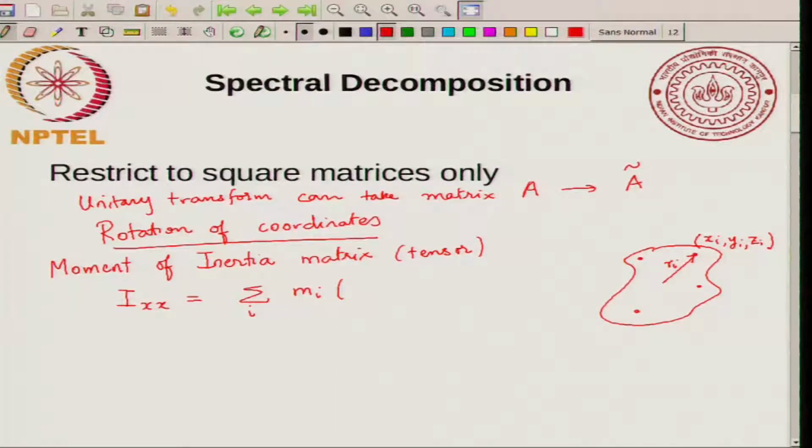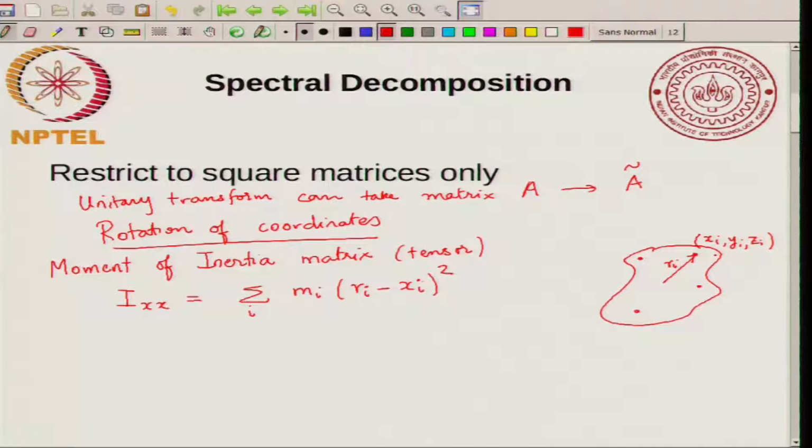Then you define I_xx as the sum over i of m_i times (r_i squared minus x_i squared), where r_i is the distance from the origin, which is usually taken as the center of mass. Usually these point masses are the actual atoms, so if you have a polyatomic molecule, you sum over all the atoms.